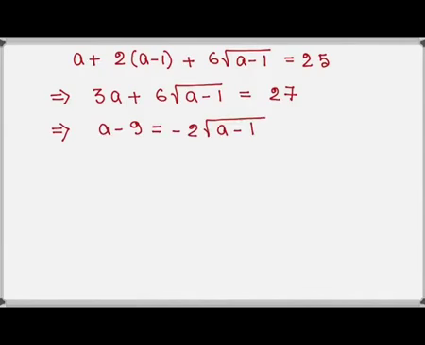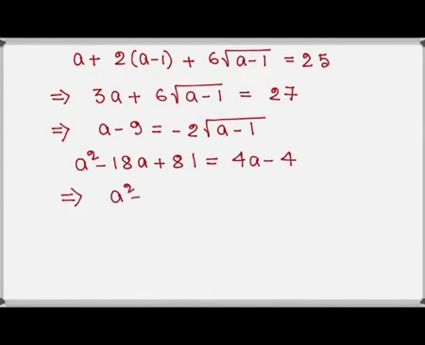Now taking square on both sides, we get a square minus 18a plus 81 is equal to 4a minus 4. So a square minus 22a plus 85 is equal to 0.